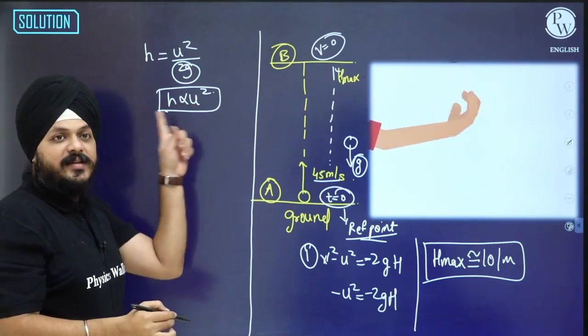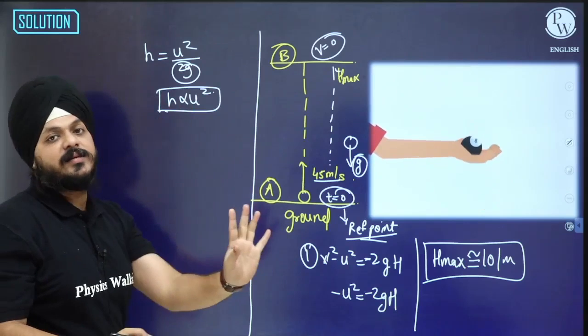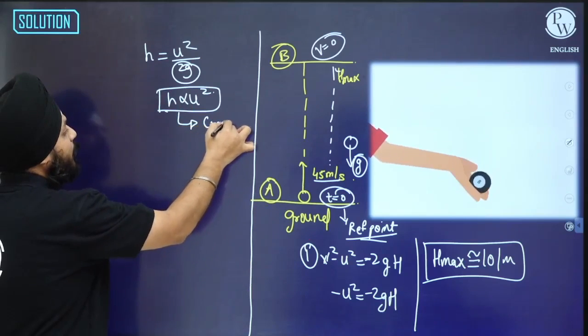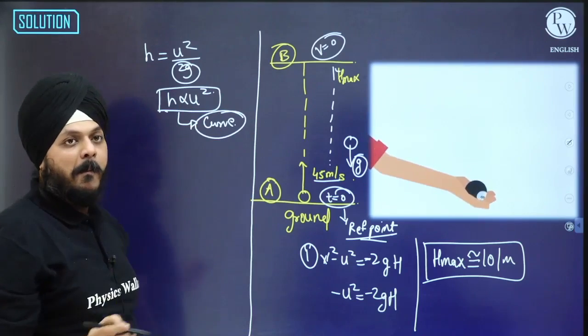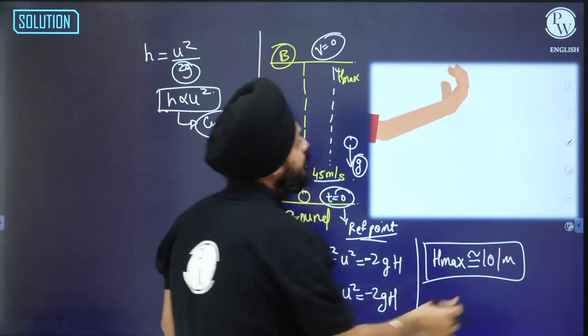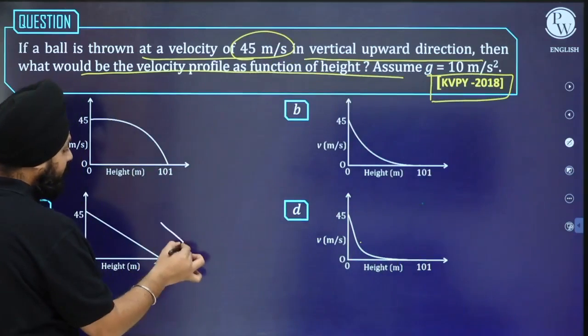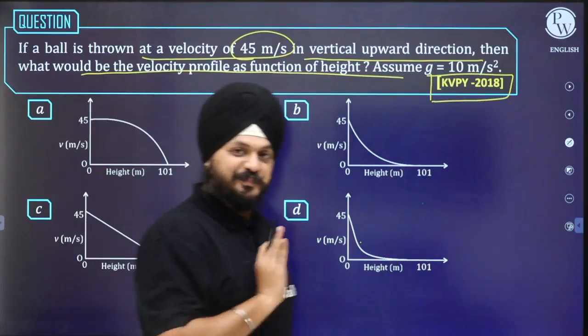If you are seeing this equation, one thing will completely strike in your mind, that yes, the graph will be a curve, not a straight line. It means that this option is cancelled, gone.